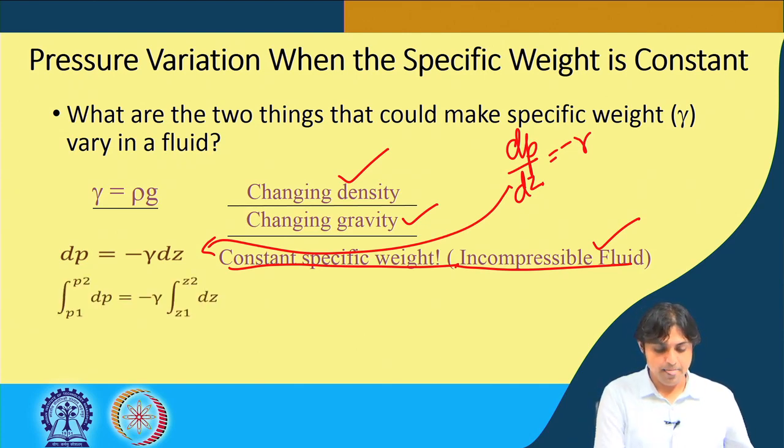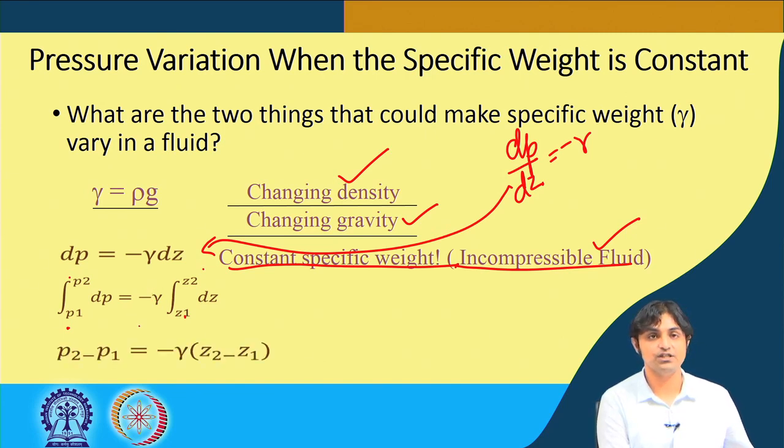So if it is incompressible fluid, we can simply integrate from P1 to P2 and from Z1 to Z2, because gamma is constant, we can take it out of the integration, and we can simply write P2 minus P1 is equal to minus gamma into Z2 minus Z1.